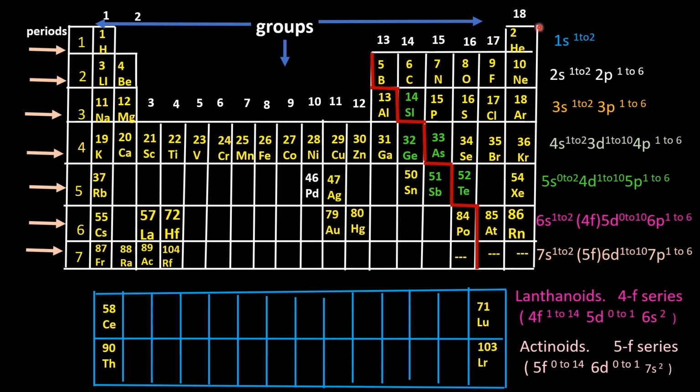For groups 13 to 18, the last electron will move into the p subshell of the valence shell. Therefore, the group 13 to 18 elements are called p block elements. The group-wise electron distribution for the valence shell will be np1 to np6.